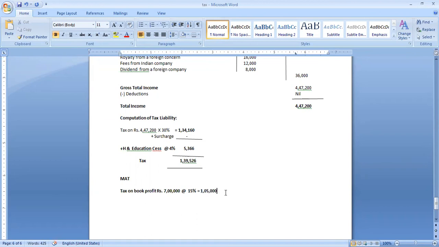1,05,000. Now you see, this amount is also less than our 10 crore, that is for surcharge. So here also there is no surcharge. Surcharge, you will write plus surcharge.